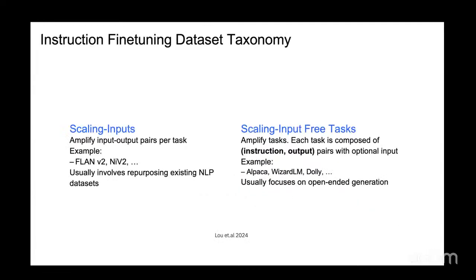I can either do it at a task level, where the dataset contains multiple tasks, or I just do it at a different level, where I don't tell it the task, I just give a group of tasks and ask it to generate outputs, where the generation is open-ended. For instance, generating a summary or an email is open-ended.